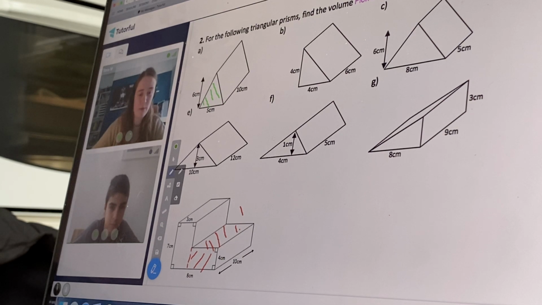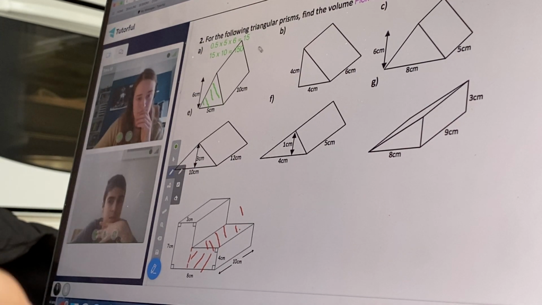And then in a separate step, you say, right, now the length, I need to do that 15 times the length, which is 10. So then I do 15 times 10 is 150. Happy with that? Yes.